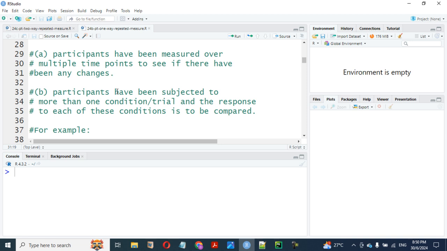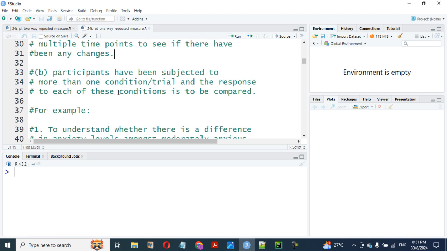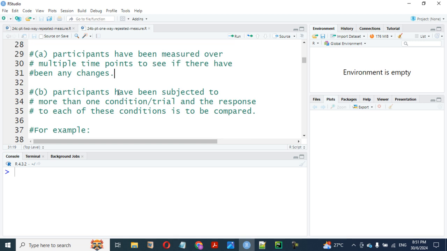Two, participants have been subjected to more than one condition or trial, and the response to each of these conditions is to be compared. So that's where you find this kind of sampling or this kind of test.